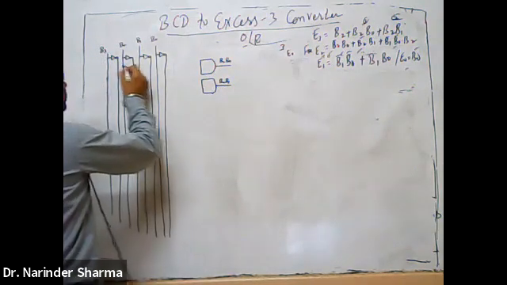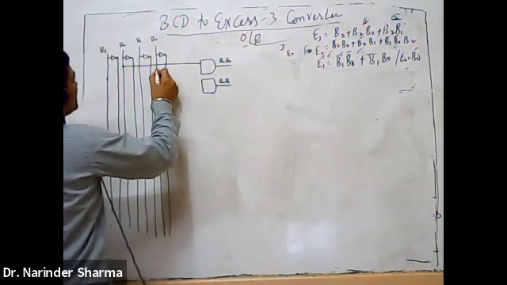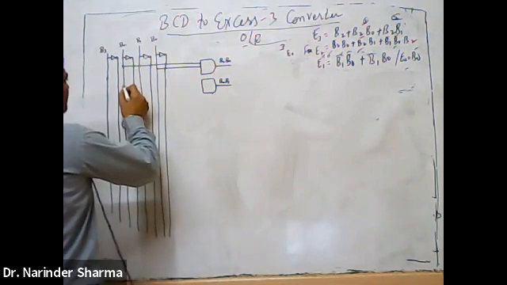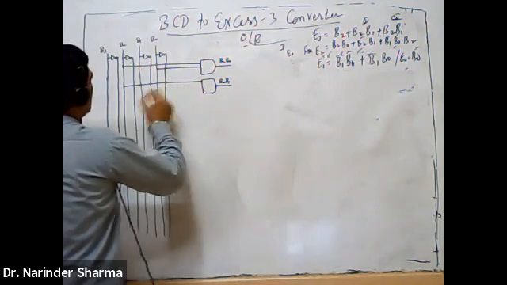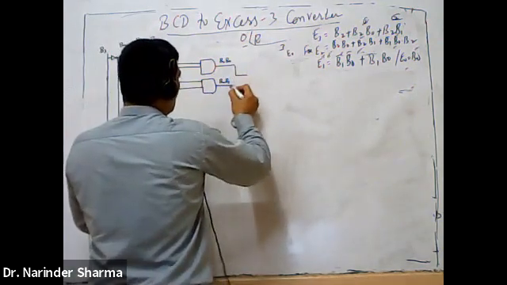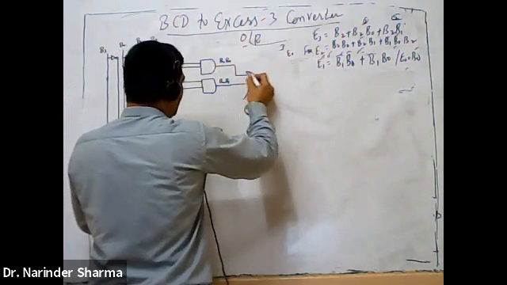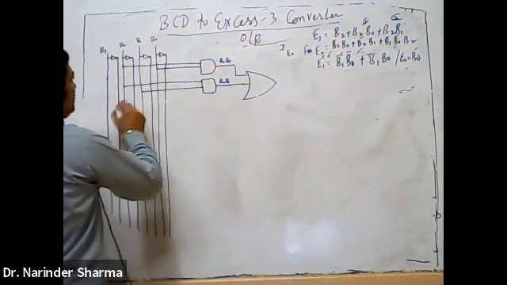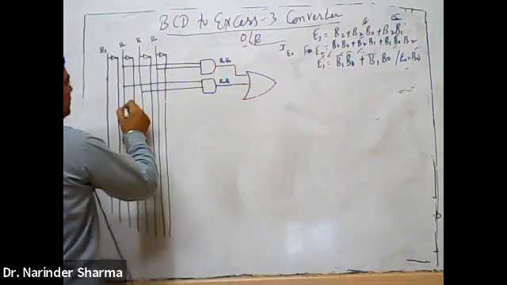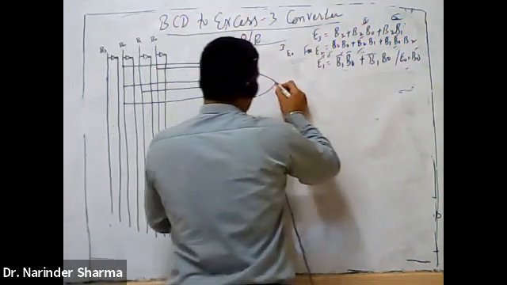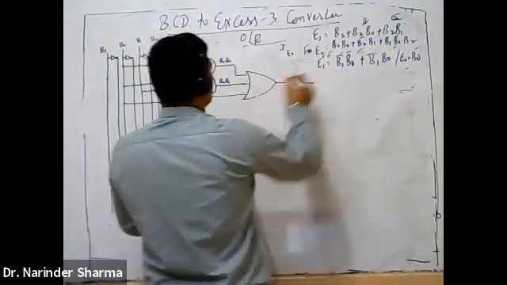This is your B2, B0. Next is B2, B1. These all are connected to one OR gate because you need the summation with B2. So you will get its value as E3.